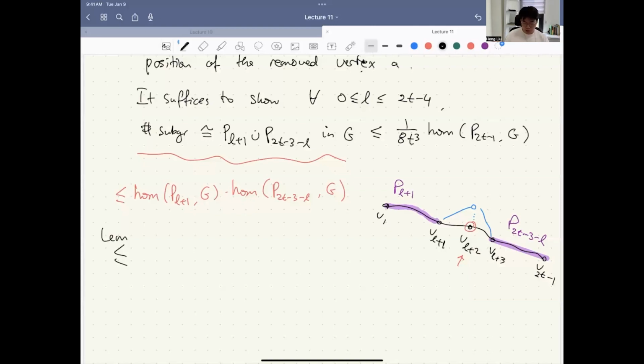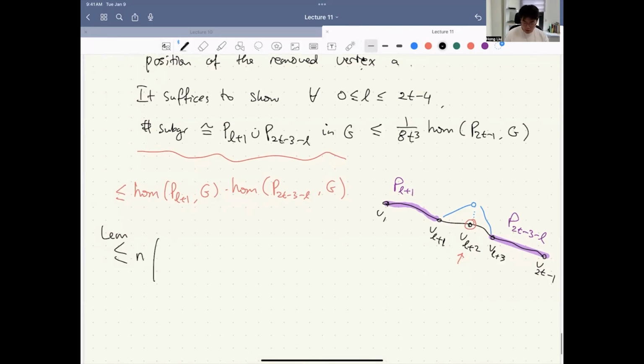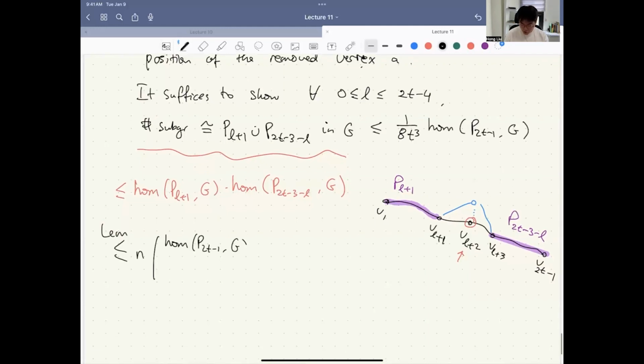This is at most, by this lemma, the number of vertices times homomorphisms of P_{2t-1} in G divided by n to the power 1 over 2t-2, right?